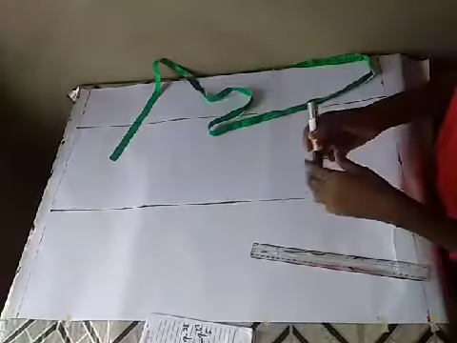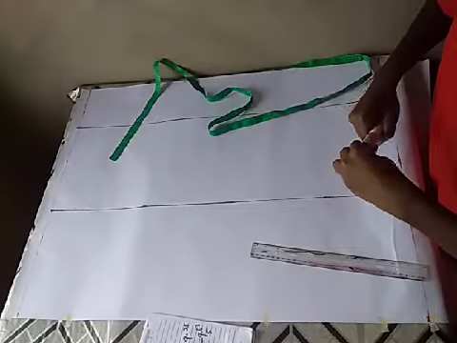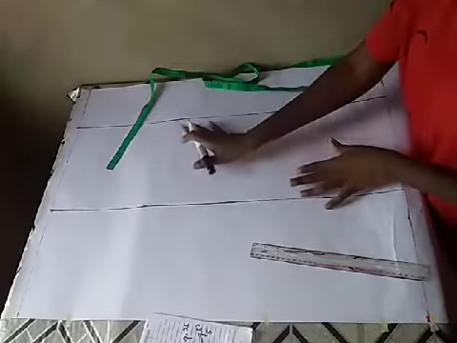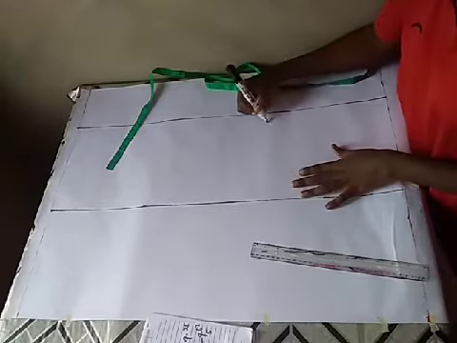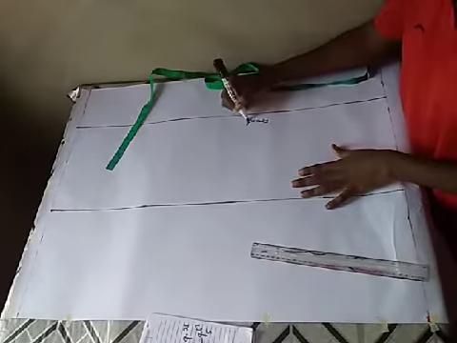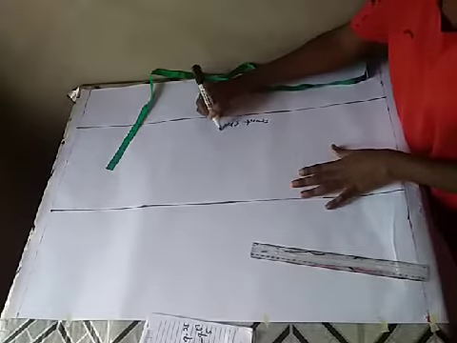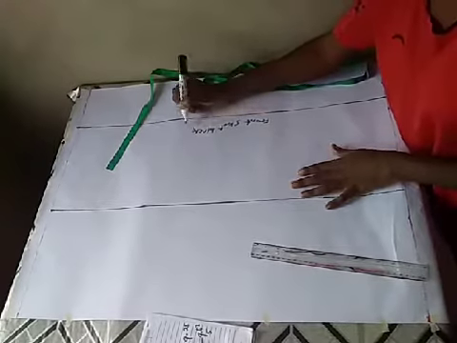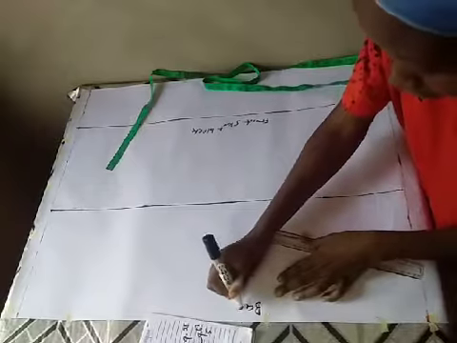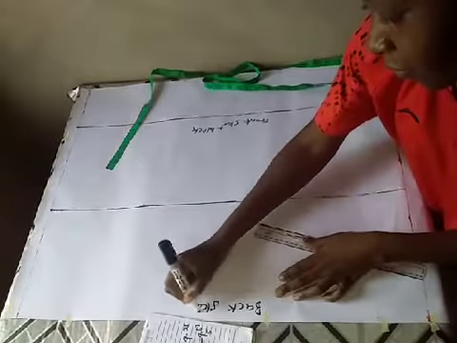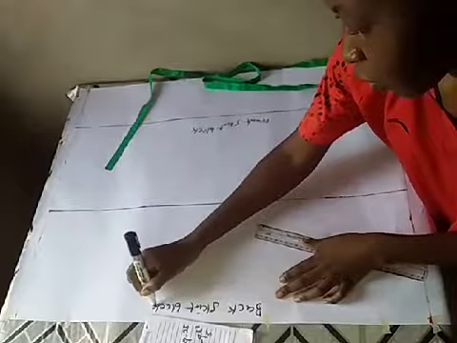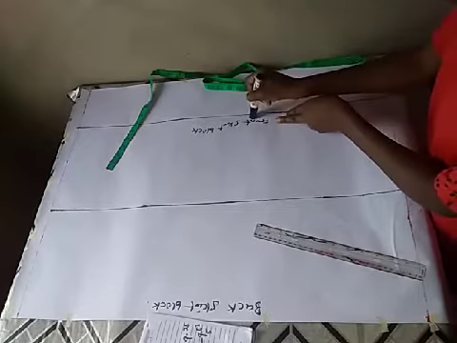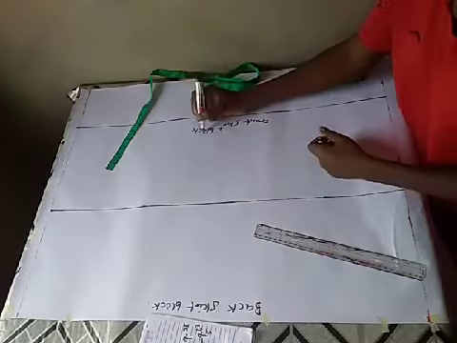I can label this as my front skirt block, then this will be my back skirt block. Remember I said the basic skirt block is divided into two, the front block and the back block. So here is how we got two.